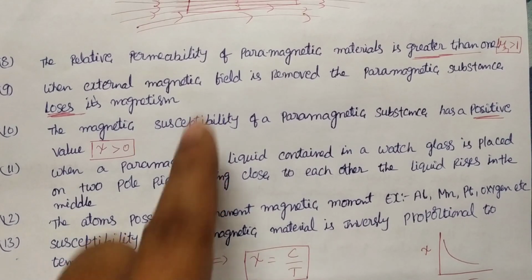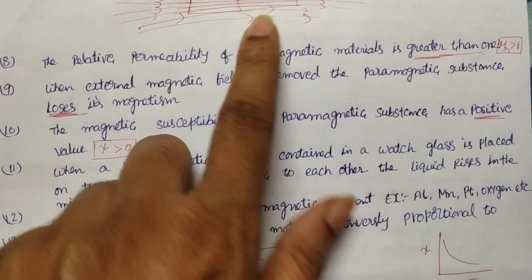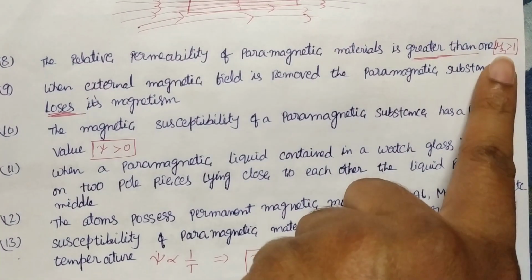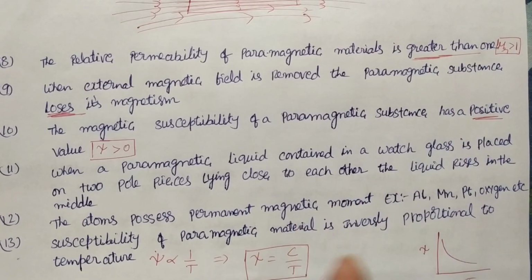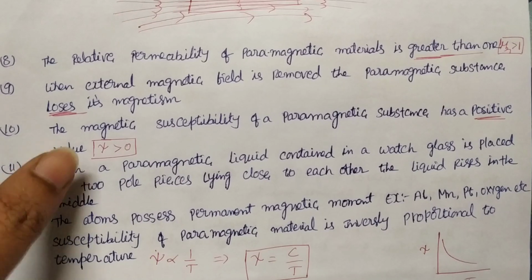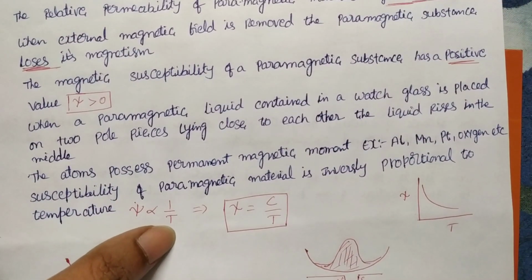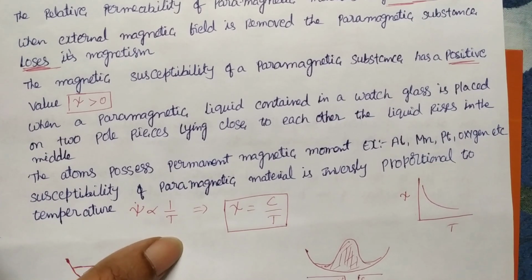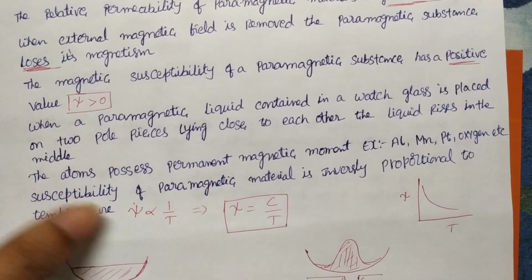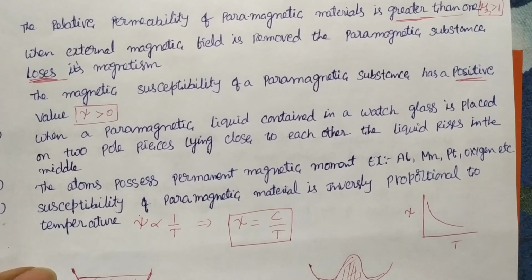If you place it inside the magnetic field, most of the flux lines go through it. The relative permeability is greater than 1 and the susceptibility is greater than 0. A liquid, if you place the poles, rises at the center. Susceptibility is inversely proportional to temperature, and that is the graph nature for paramagnetic material.